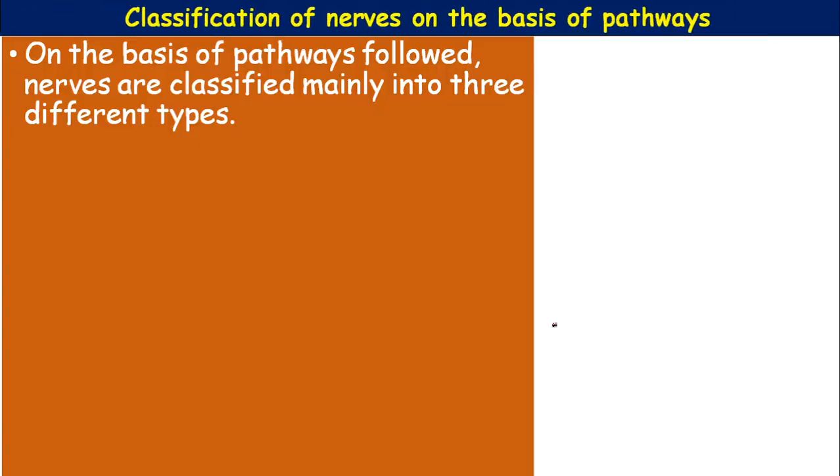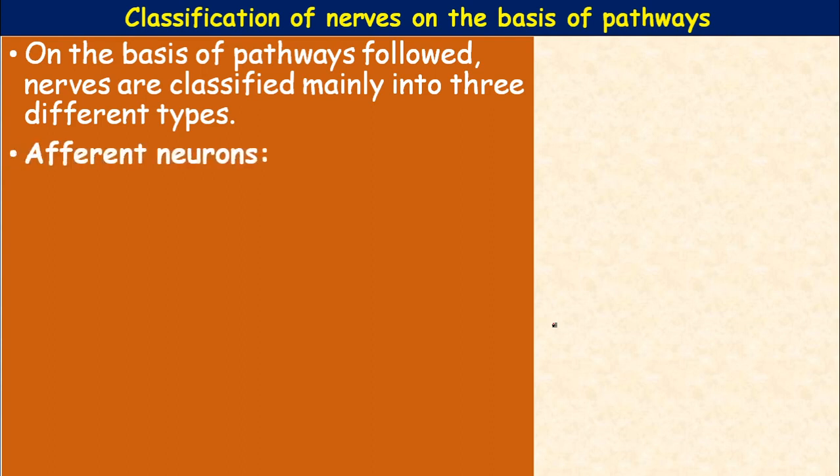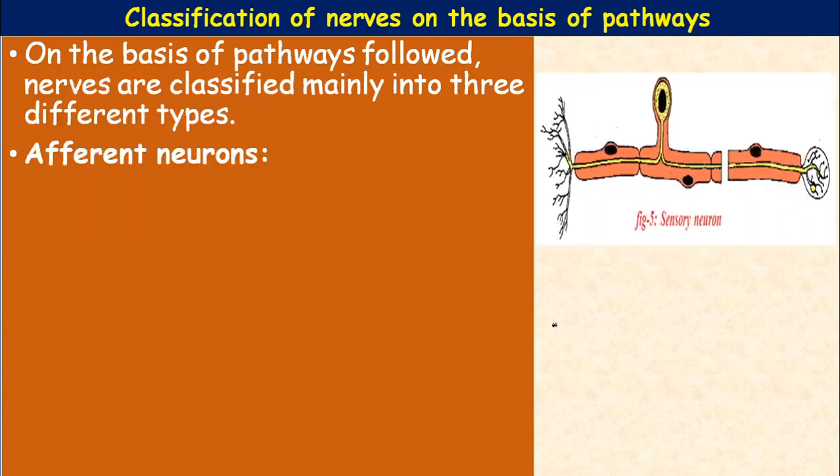So on the basis of pathways followed, nerves are classified mainly into three different types. Okay, the first one is afferent neurons. Afferent means incoming. They are also called sensory neurons. Sensory neurons transmit impulses from receptors to the brain and spinal cord.